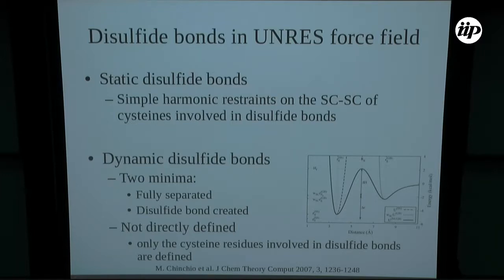In the UNRES force field we use the Gay-Berne potential, but we can simulate formation and reduction simultaneously. So we have a fragment of potential which is similar to a harmonic one, a Gay-Berne one, and a transition state in between. We can manipulate the potential of oxidation and the height of the barrier. But there is a problem with it.